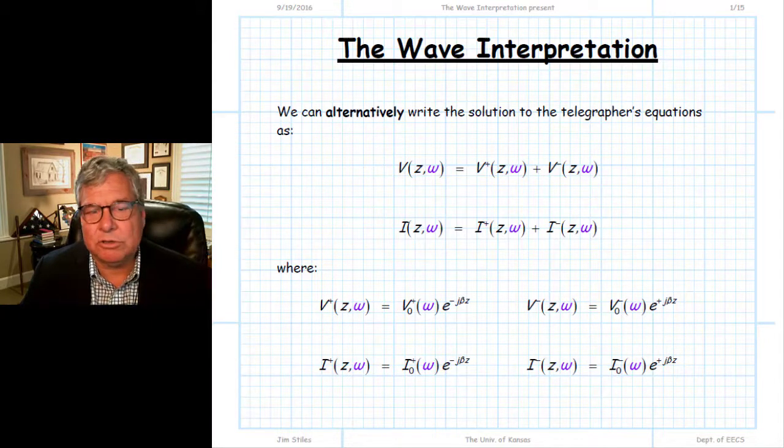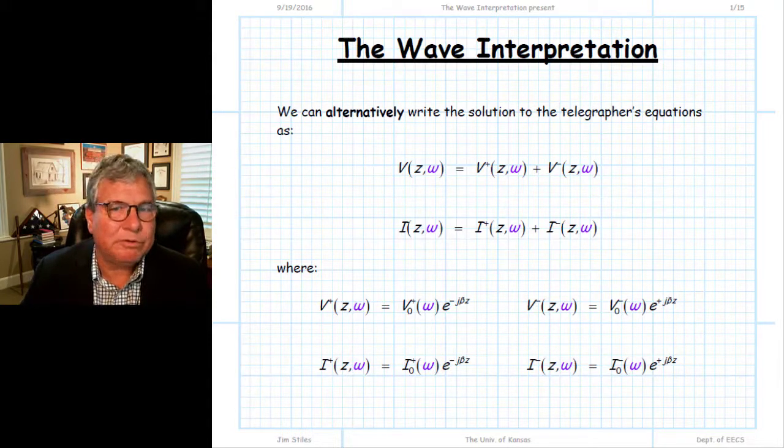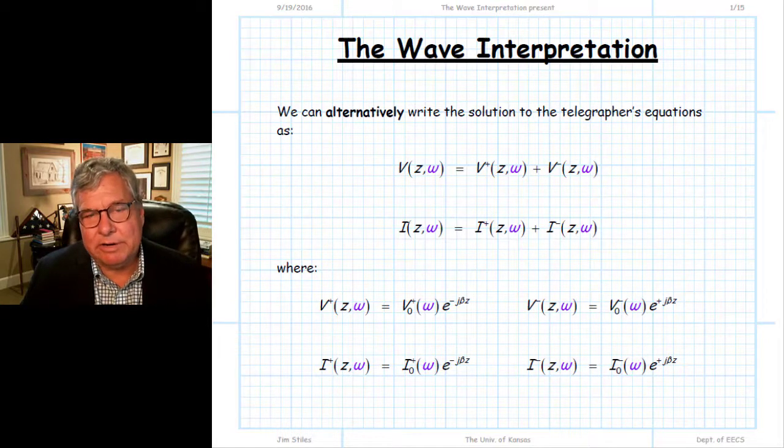But if we look closer, there's more to it than simply using this equation as a guide to the order in which we should punch the buttons on our calculator. Math is the language of engineering and physics, and we need to learn to speak it. We need to look at the math and say, what is this telling us about the physical behavior of a transmission line?